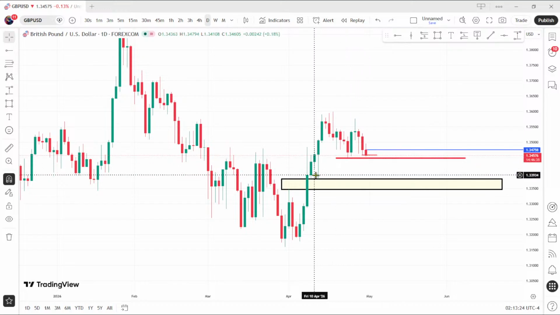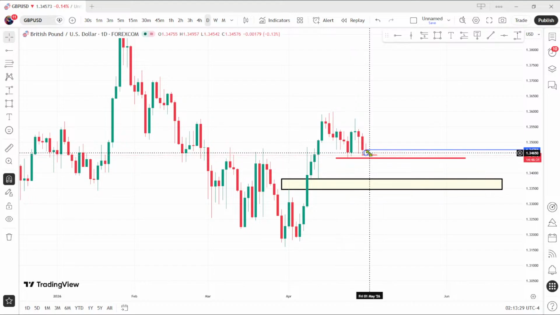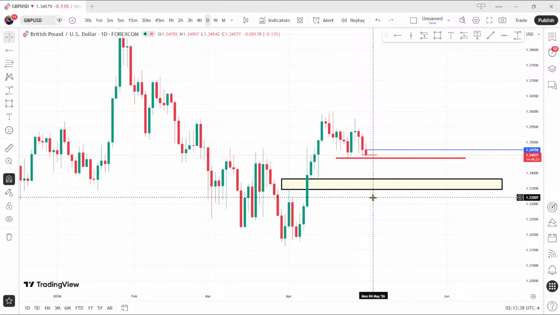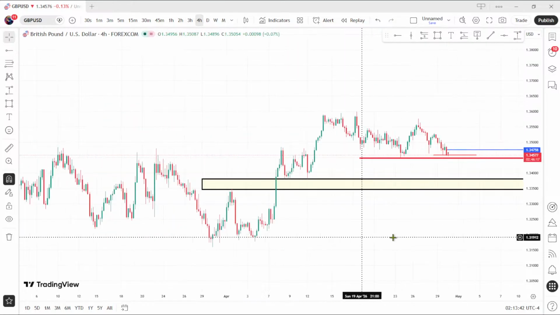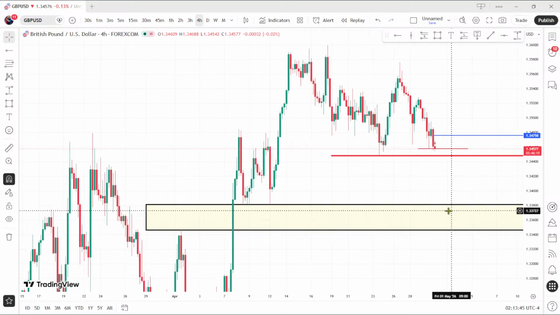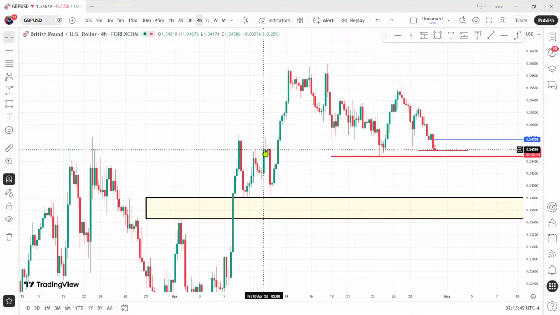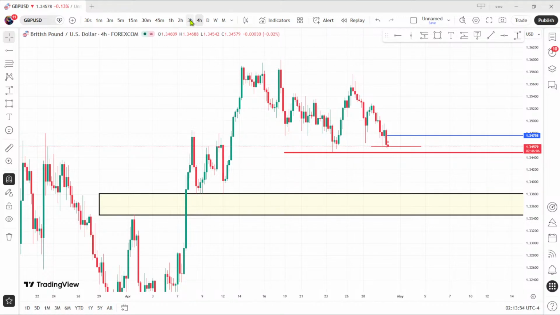Price will come and decline to this daily swing low or the weekly fair value gap. But we'll see, we'll wait, be patient. I'm still on the bullish side. I'm still expecting bullish prices.